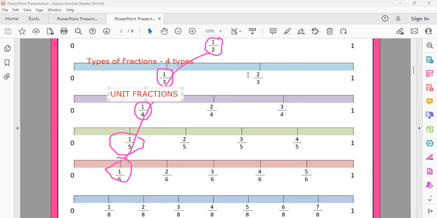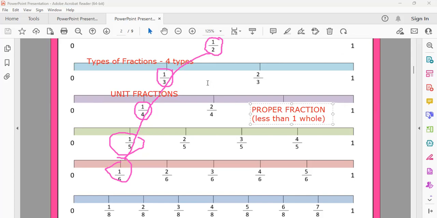Then you have what you all know as the proper fraction. Proper fraction means less than 1, everything that is less than 1 whole. Can you see the 1 whole at the side there? This is the 1 whole.